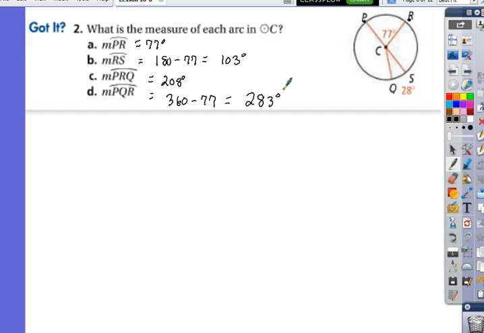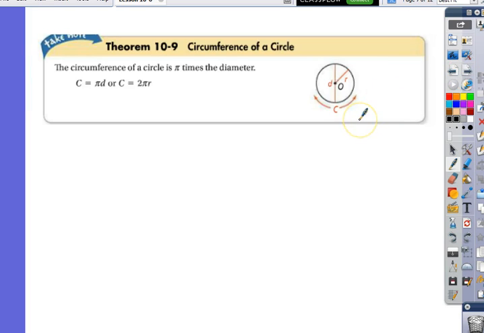All right, now we're going to do something completely different. Ignore everything I just told you. We're going to talk about circumference. So what does circumference measure? The distance around the circle. So it measures the length of a piece of string if you stretched it around a circle.